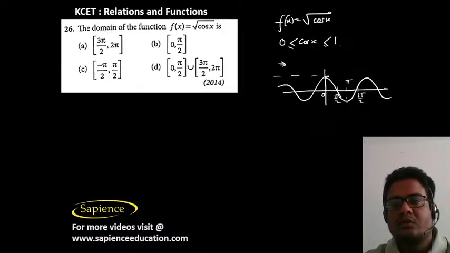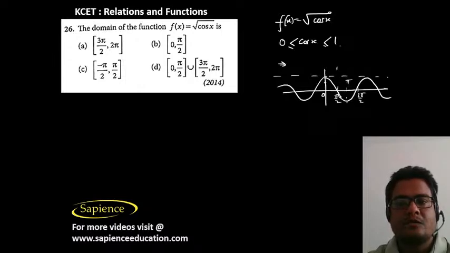From 0 to 1 only we should take values. From 0 to pi by 2 we can take; in this range, cos x is lying in the range 0 to 1.